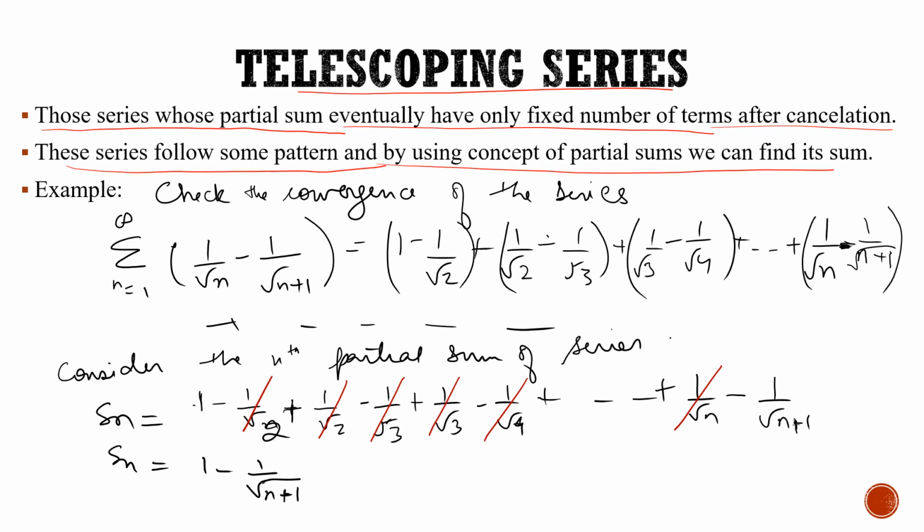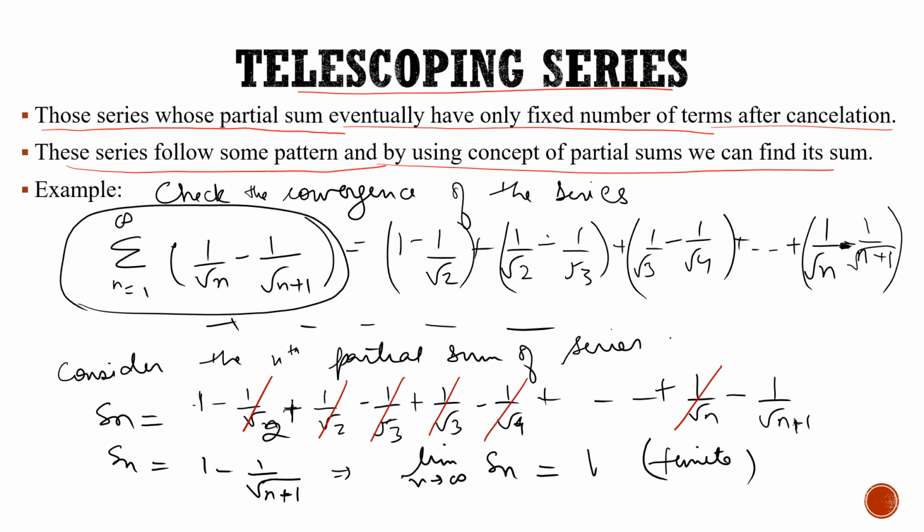Now if you find the limit, this will be equal to 1, which is finite and unique. We have already seen that if the limit of the partial sum tends to a finite value, then the series will also tend towards that limit. That is, you can find the sum of this series and the sum will be equal to 1.